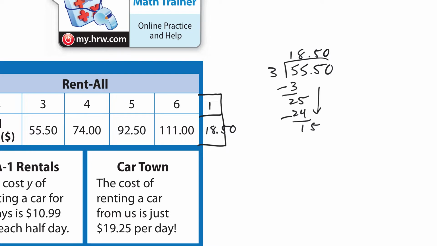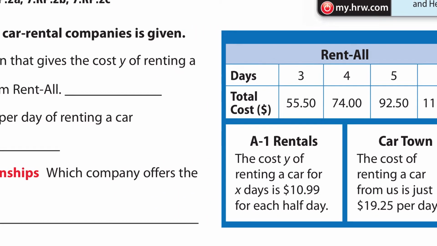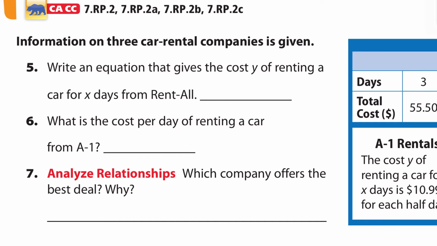So we're going to use that. The cost is going to be y is equal to $18.50 times x, which is the number of days.